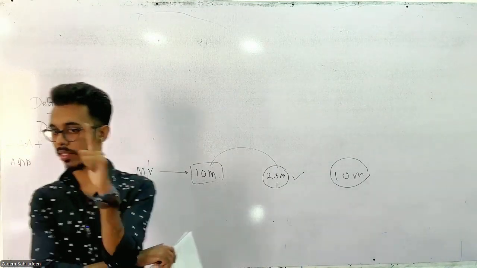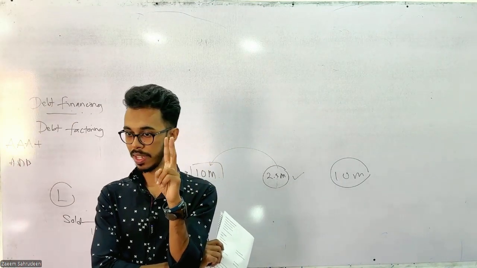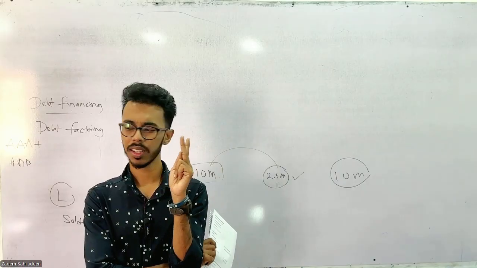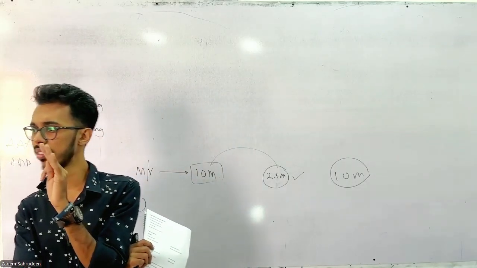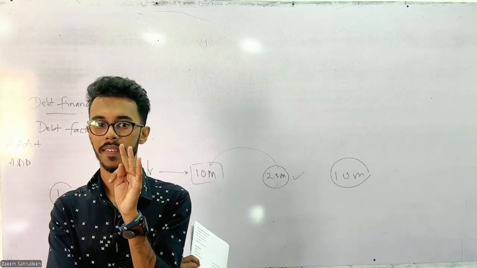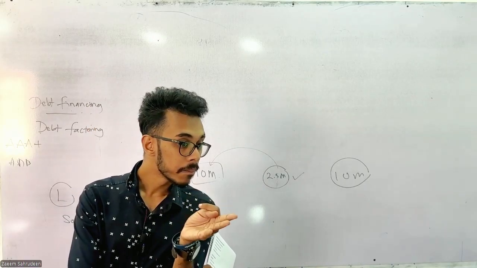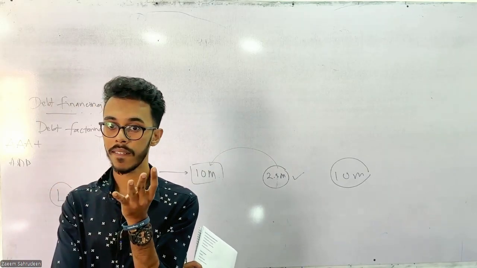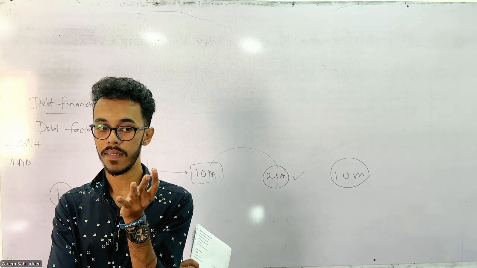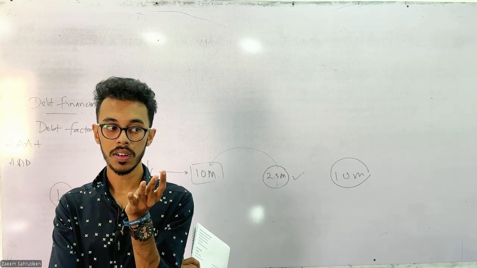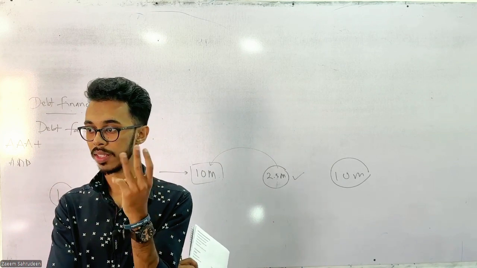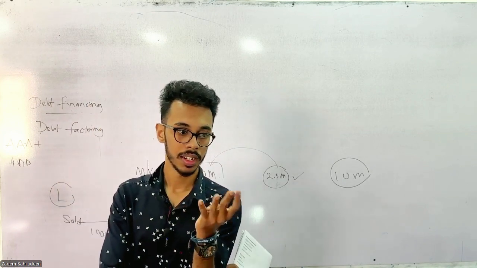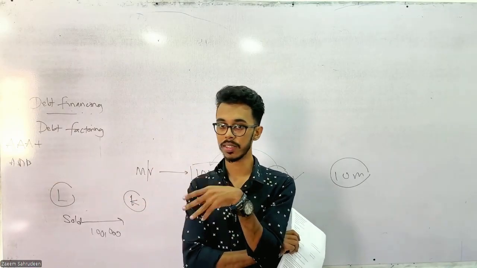Debt instruments include shares, debentures. What are the other debt instruments? Treasury bills, treasury bonds, and more. The debenture is a long term one. What is the short term one?